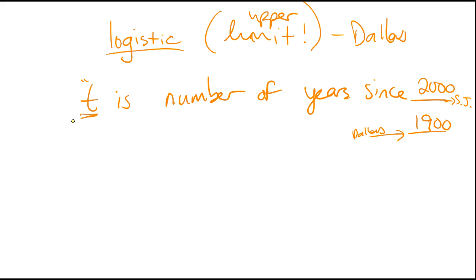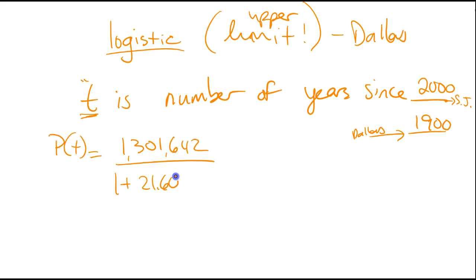So let me do the Dallas population one. So they say p of t, meaning population as a function of time, is 1,301,642 divided by 1 plus 21.602 e to the negative 0.05054 t.